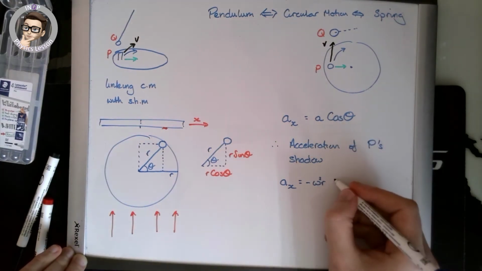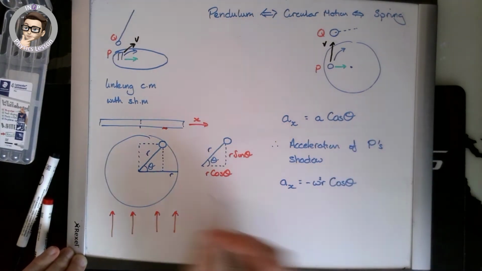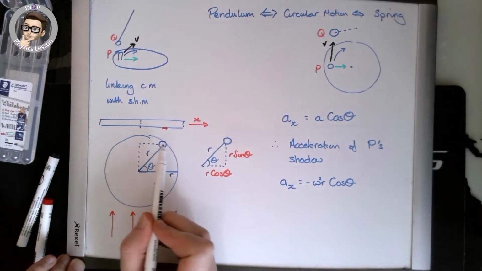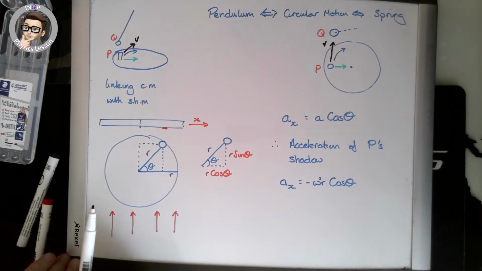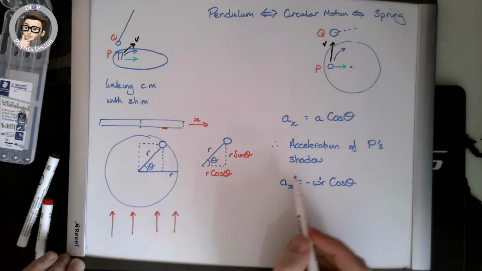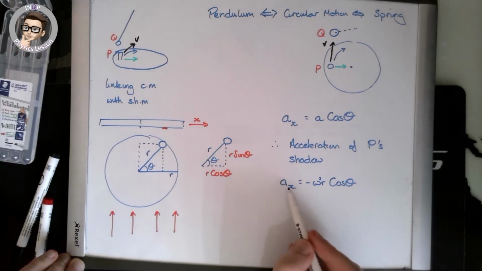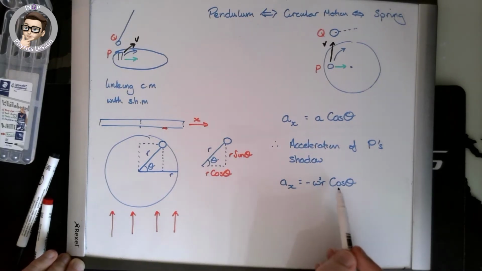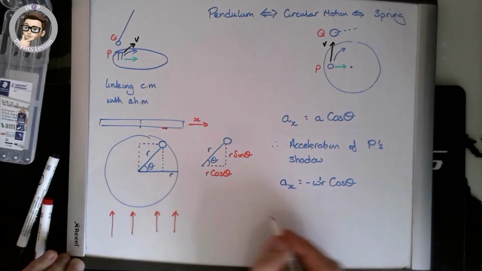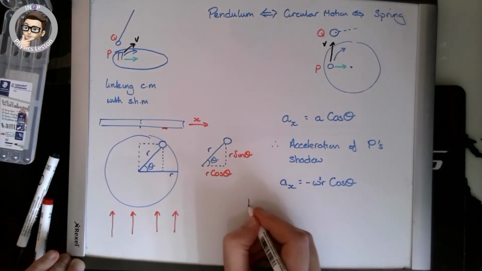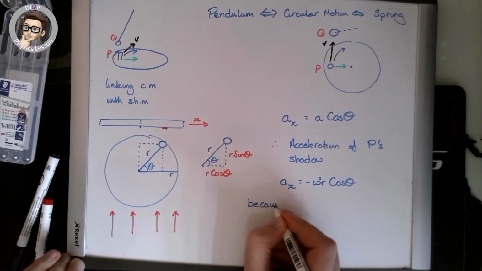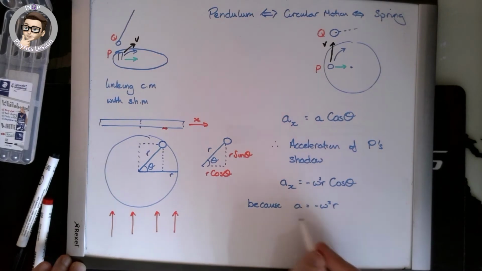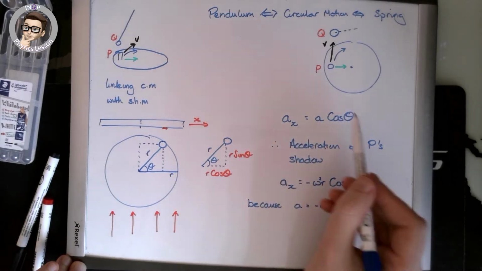And we've still got our component, because obviously it depends upon where in the circle we are as to how much of that acceleration is going to act in those directions. So a subscript x, the acceleration in the x direction of P's shadow, is minus omega squared r cosine theta, and that is because, remember, we've just said previously, and I'll write it again here, the acceleration is equal to minus omega squared r. So all I've done is put that into our equation here.